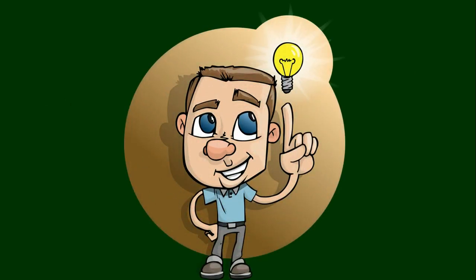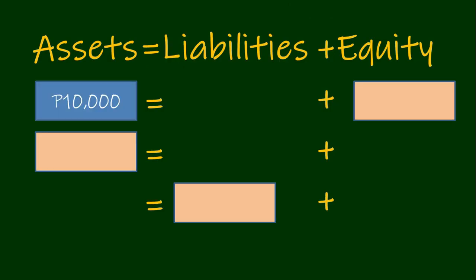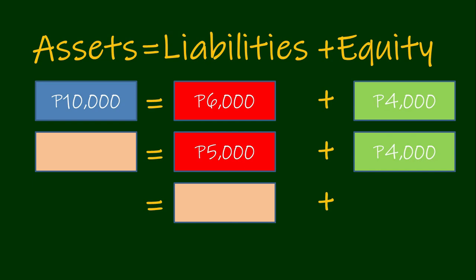Let's try to apply what we have just learned to these very simple illustrations. Ready? If total assets is 10,000 and total liabilities is 6,000, how much is total equity? The answer? 4,000. Now, if total liabilities is 5,000 and total equity is 4,000, how much is total assets? 9,000, of course.